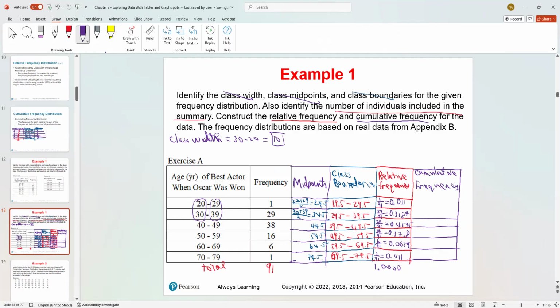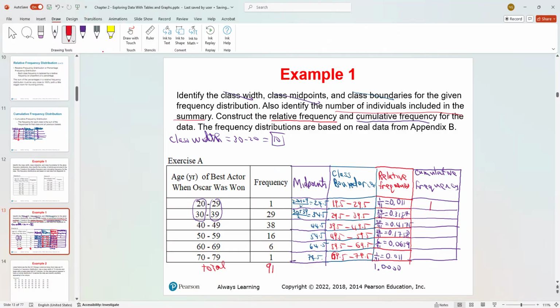Remember, our goal is to show you how to do it also in Excel. Cumulative frequency for each class is the sum of the frequencies for that class and all the previous classes. For the first one, there is nothing before 1, so it's 1.